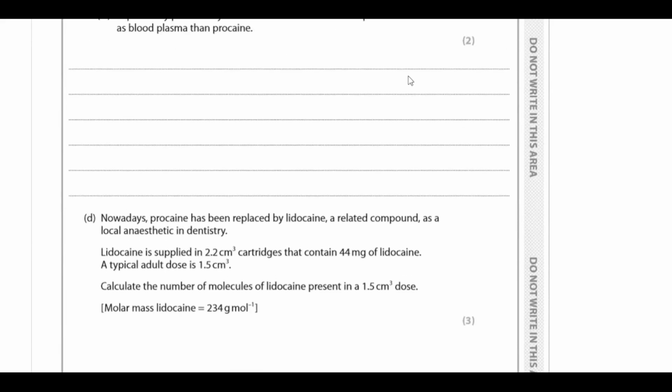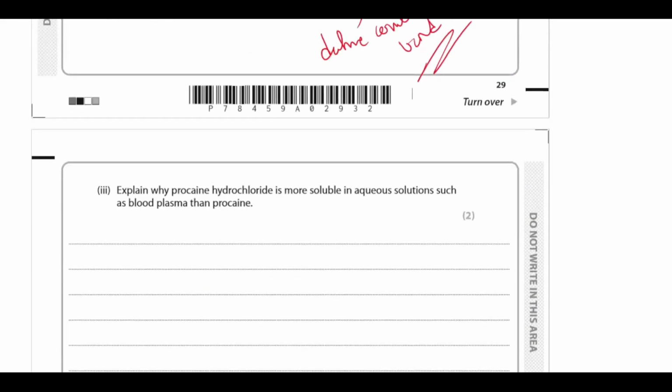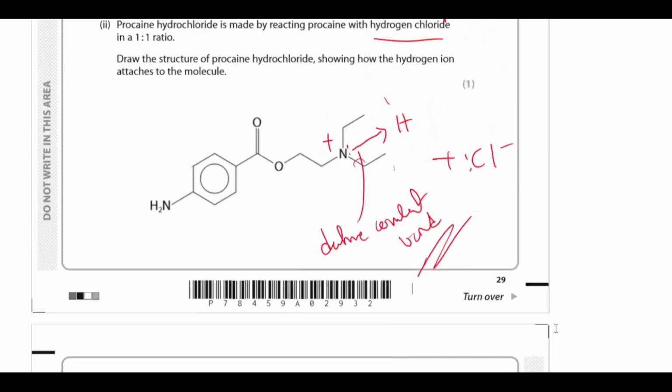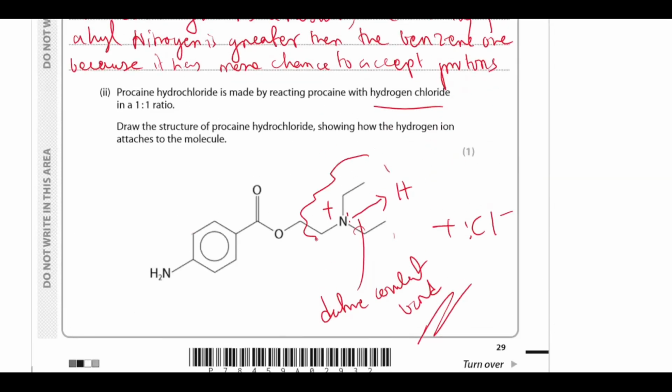Next question, they said here, explain why procaine hydrochloride is more soluble in aqueous solutions such as blood plasma than procaine. First of all, this makes procaine hydrochloride ionic. Why is there a deficiency of electrons?